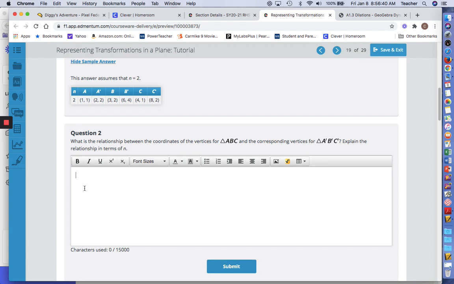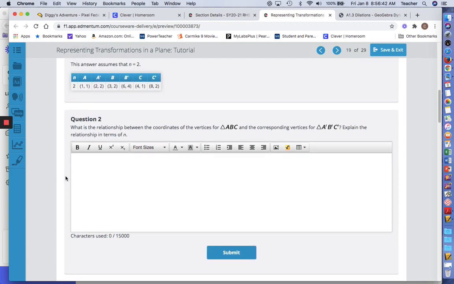All right, question 2. What's the relationship between the coordinates of the vertices of triangle ABC and the coordinates of the vertices of triangle A prime, B prime, C prime? K is what you multiply the original, the pre-image triangle ABC, by in order to get the new, or image, triangle A prime, B prime, C prime.